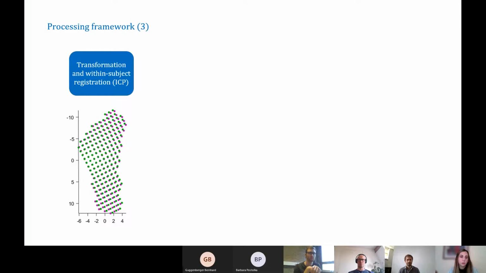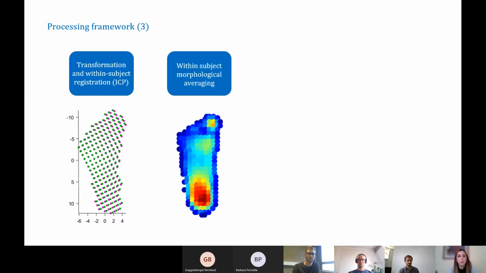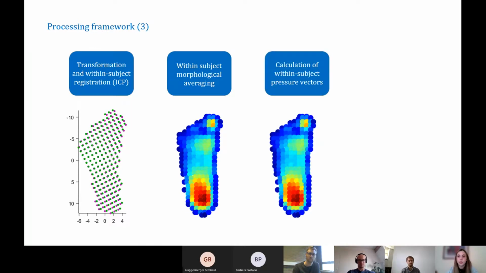We saw straight away that the results were already more promising than the earlier algorithm, because we detected an improvement in the registration quality. Then we performed within subject morphological averaging to reduce the differences in the shape of the feet within the same infant. We also calculated within subject pressure vectors that we used later on for the analysis.